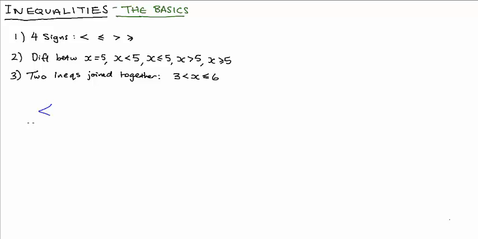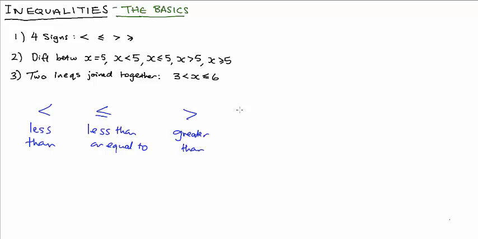This one means less than. This one means less than or equal to. This one means greater than or more than. Greater than. And take a guess what you think this is.